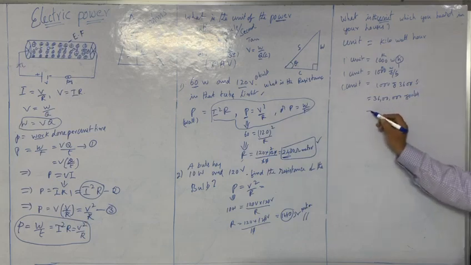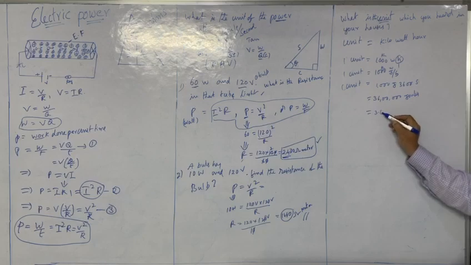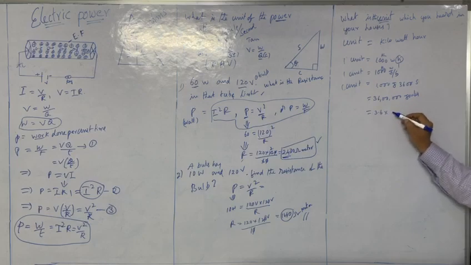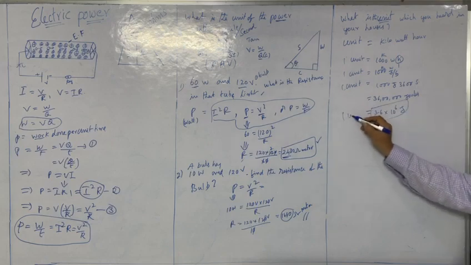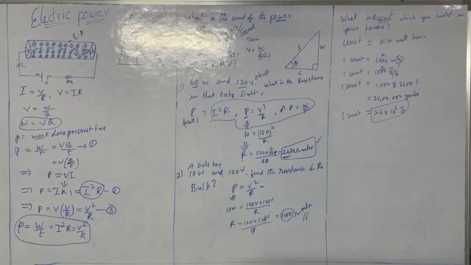How do you write this in scientific notation? 3.6 into 10 to the power of 6 joules is 1 unit. How many joules do you consume per unit? 36 lakh joules you consume per unit.